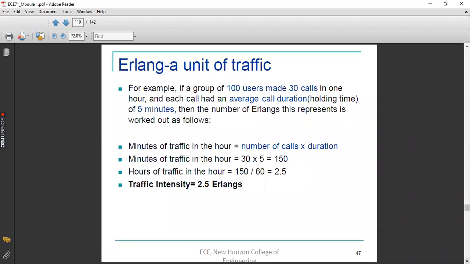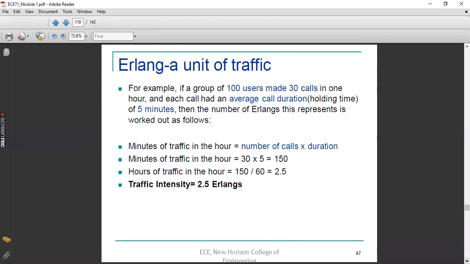So I hope you got the difference between this traffic intensity and the previous one. In the previous one, we considered only one single channel, but here I didn't mention any per channel system. I didn't mention any channels here. Here you have considered the 100 users, and out of them, you have taken 30 calls as in progress, and based upon that, you have calculated the traffic intensity. Whereas in the previous case, it is measured on a per channel basis.